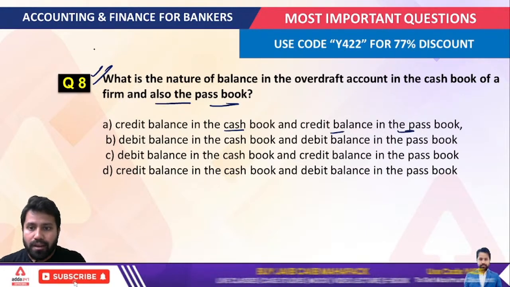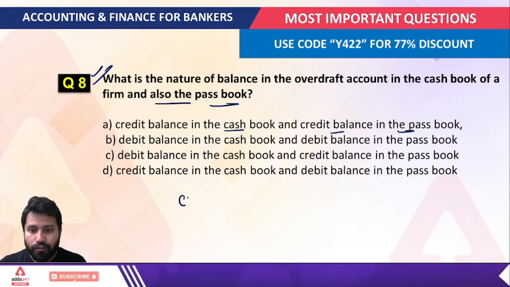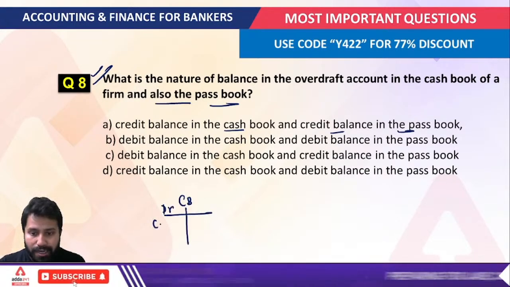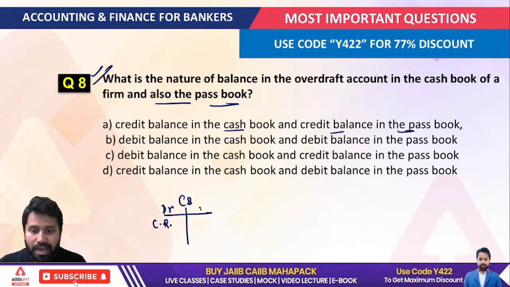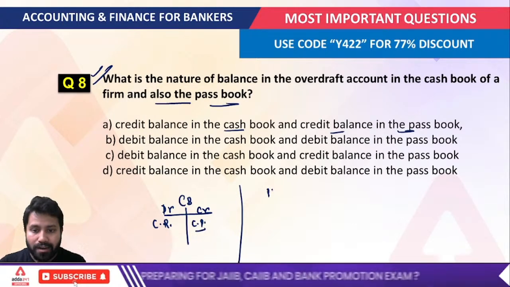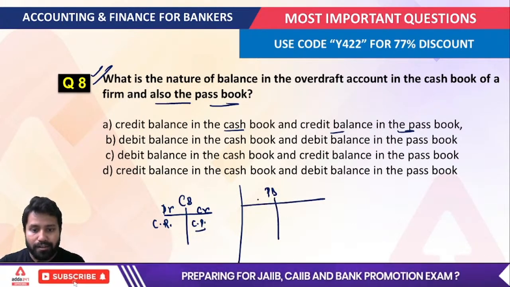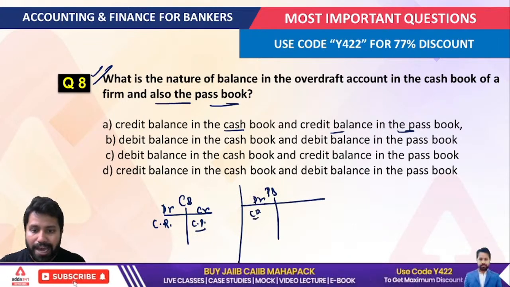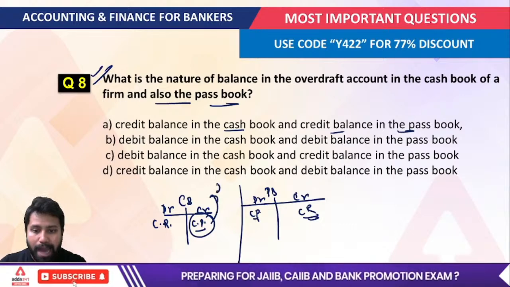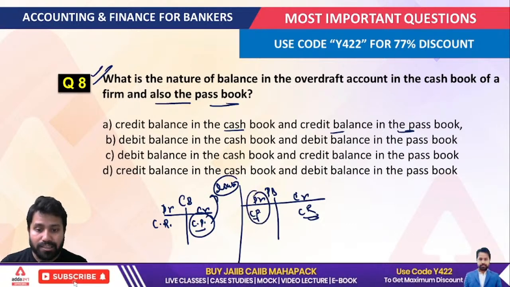As I always told you, in the cash book, on the debit side you record all the cash receipts, and on the credit side you record all the cash payments. Opposite to that, in the passbook, on the debit side you record all the cash payments, and on the credit side you record all the cash receipts. This cash payment is nothing but the liability of the customer, or the liability of the firm, that the customer has to pay.